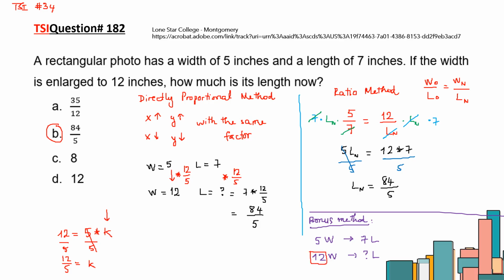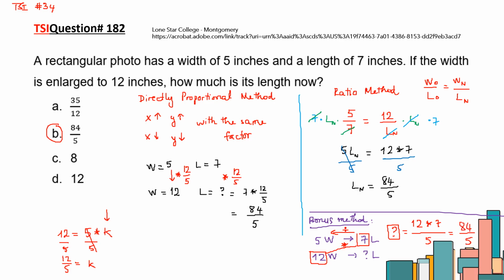We cross multiply, so the question mark equals 12 times 7, then we divide by the rest, which is 5 right here. So we still have 84 over 5.